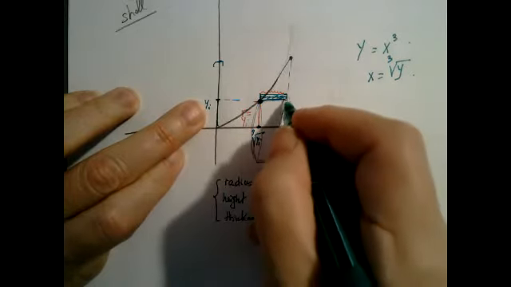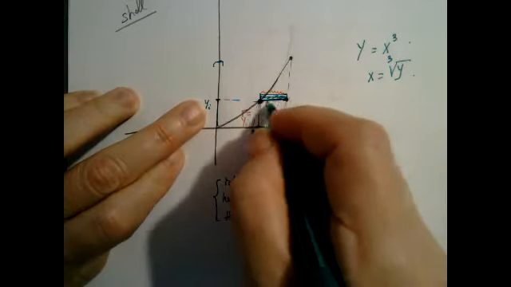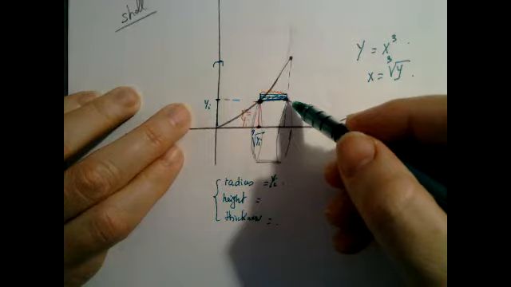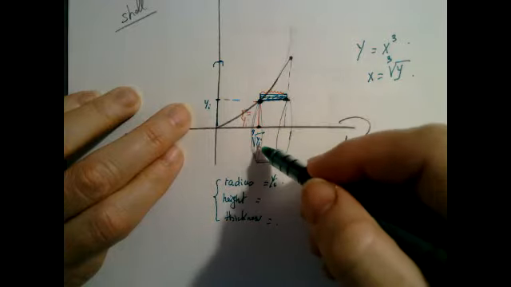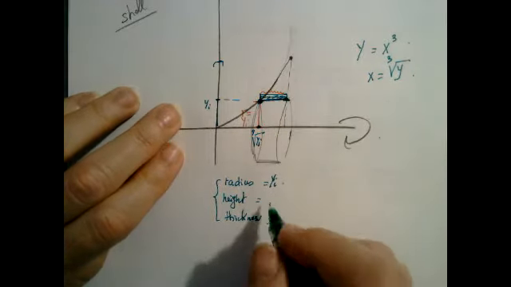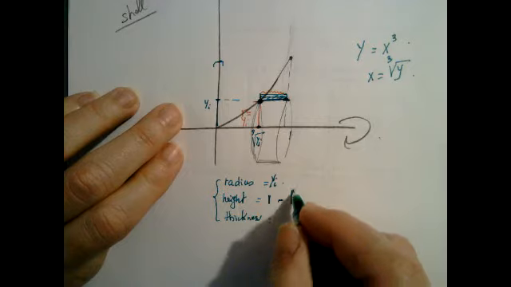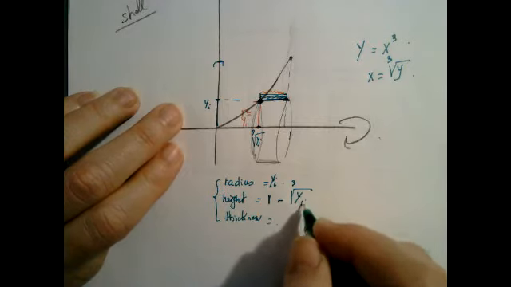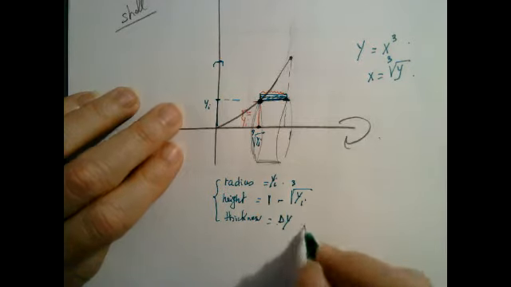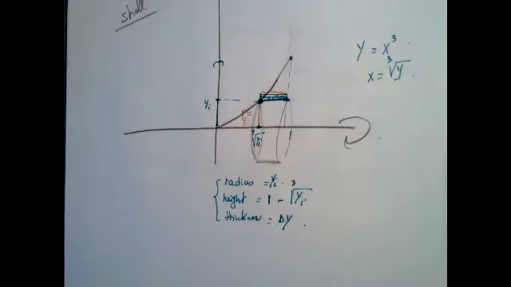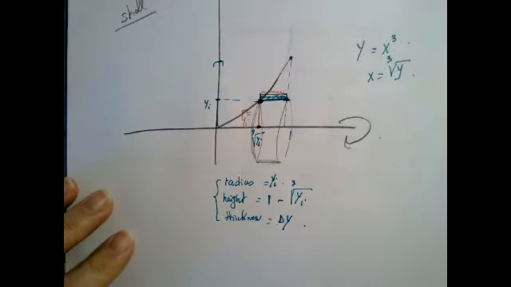That's really what it is. So you're finding the distance from here to here. So you need the x value here, which is 1, minus the cubic root of yi. So the height is 1 minus the cubic root of yi. The thickness is the delta y. So everything has to be expressed in terms of y.